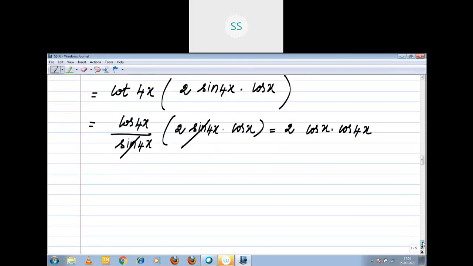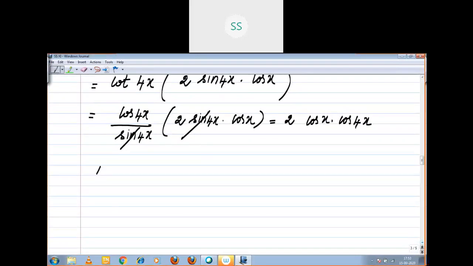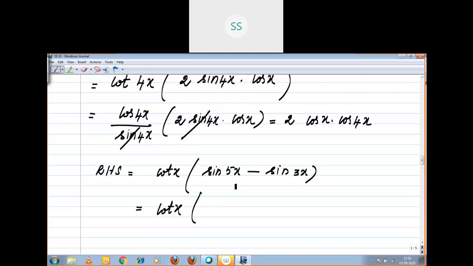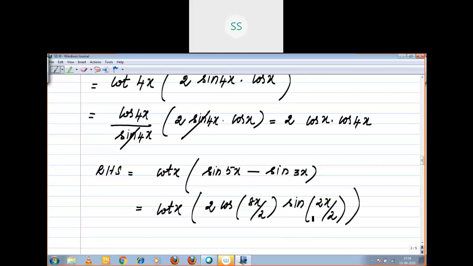The same way, if I arrive at RHS, my result is true, right? What is RHS? RHS equal to cot x into (sin 5x minus sin 3x), which is equal to cot x, sin A minus sin B, 2 cos 8x by 2 into sin 2x by 2. Got it, children?